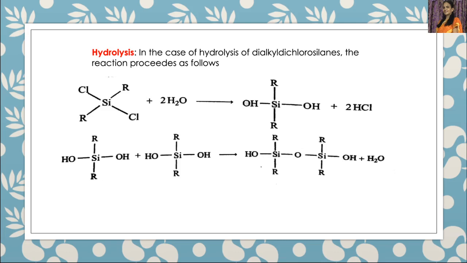You can see here R and R on silicon, and one chlorine is replaced by an OH group, and another chlorine atom is also replaced by an OH group. Okay, so this is the hydrolysis reaction, plus 2HCl. Now this compound, dialkyl dihydroxysilane, these molecules combine, then we will get silicones. So the compounds which contain such Si-O bonds are called silicones. So here we got a silicone.